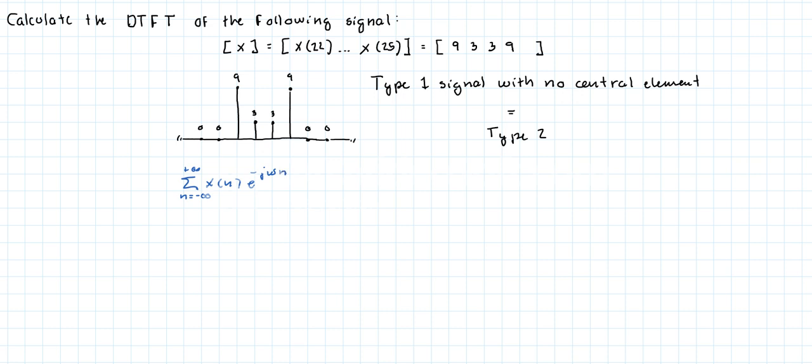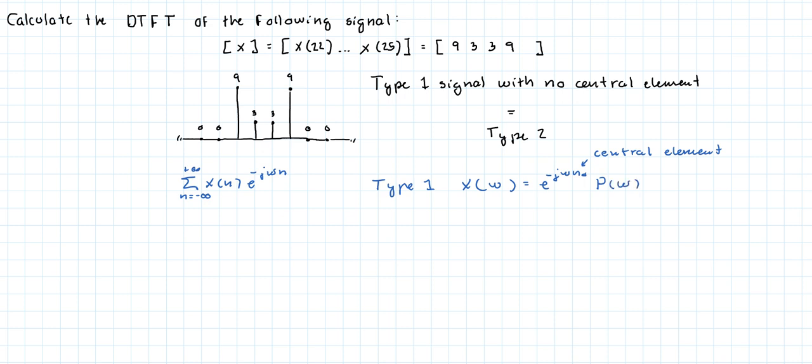Recall that for type 1, the discrete time Fourier transform would give an answer of the form e to the minus j w n sub naught, which would be the central element, times some polynomial, which is a function of omega.